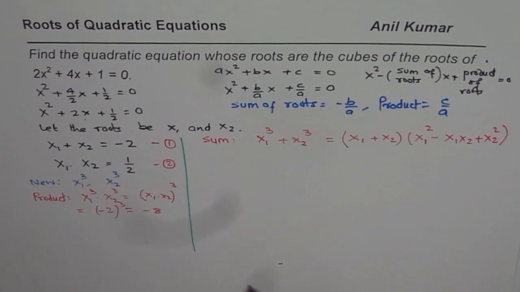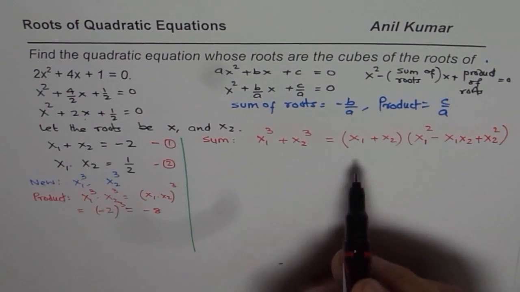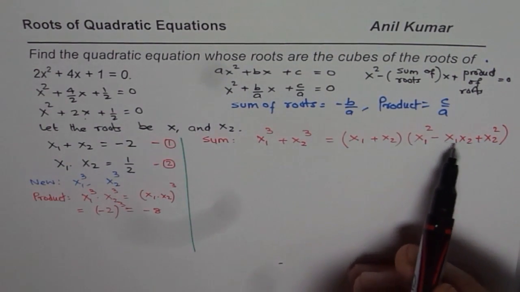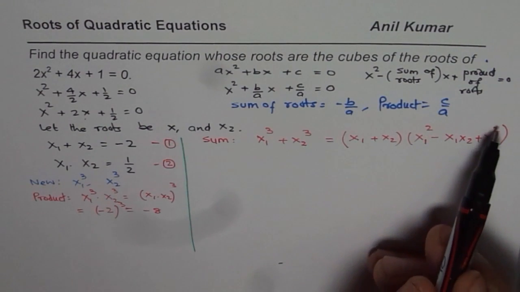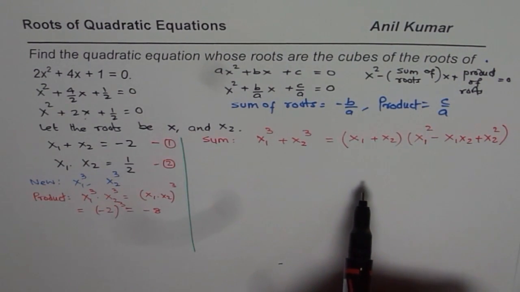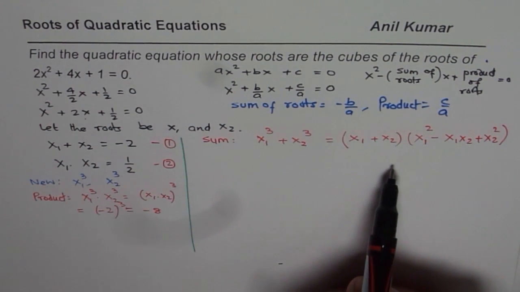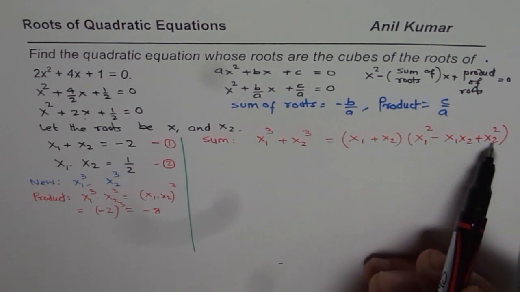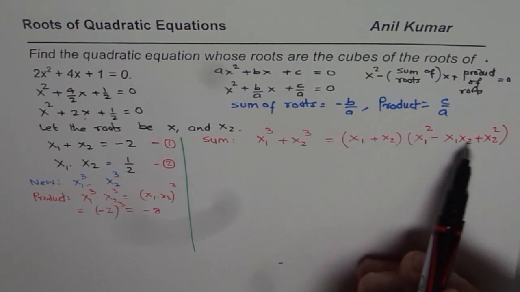So that is the formula. Now we know what x1 plus x2 is. Here we have x1 square plus x2 square, which we don't know. Now what can we do about it? We know x1 plus x2 whole square is x1 square plus x2 square plus 2 x1 x2.